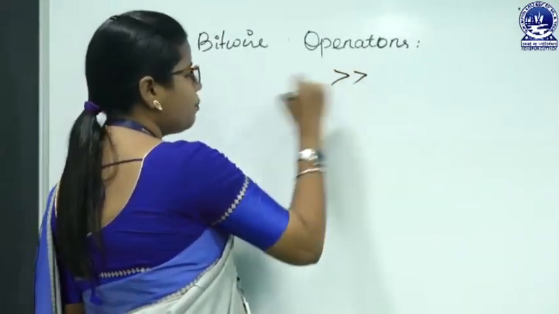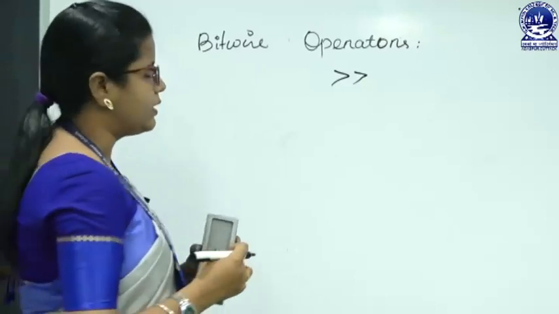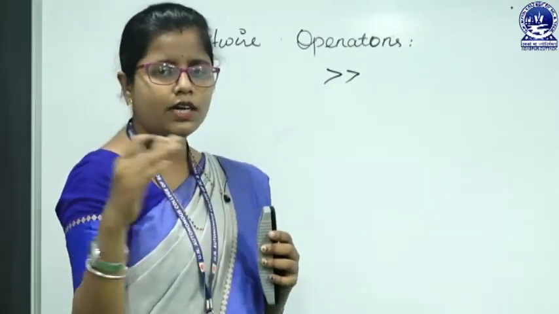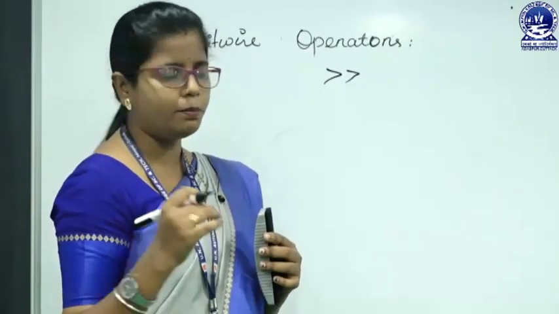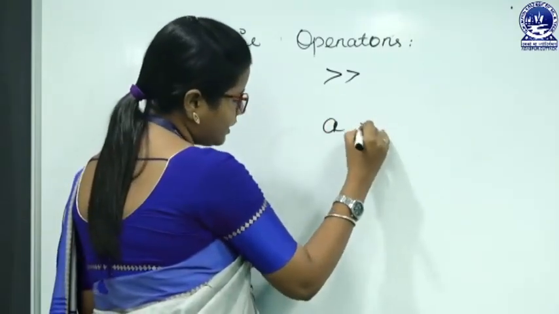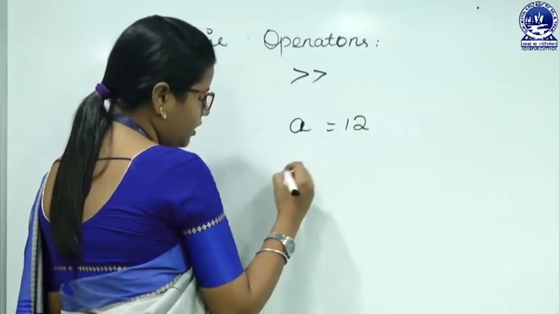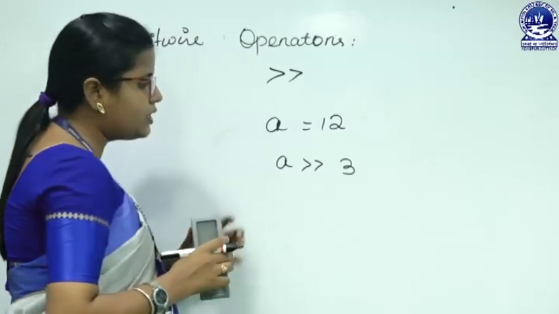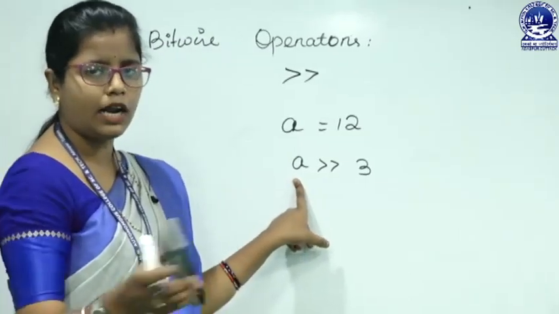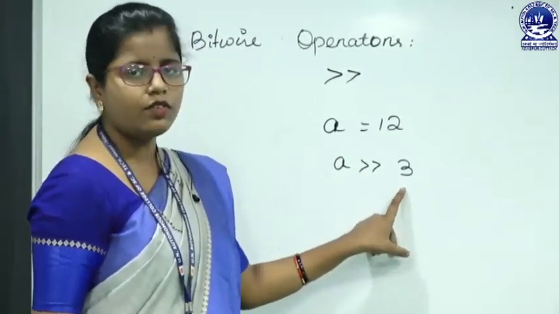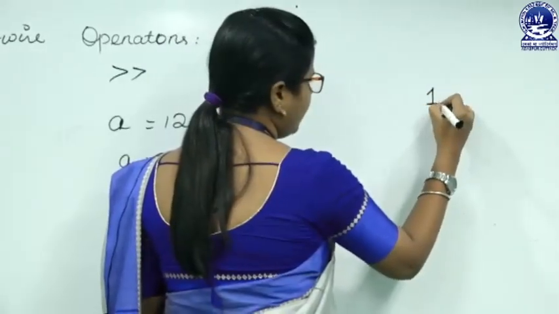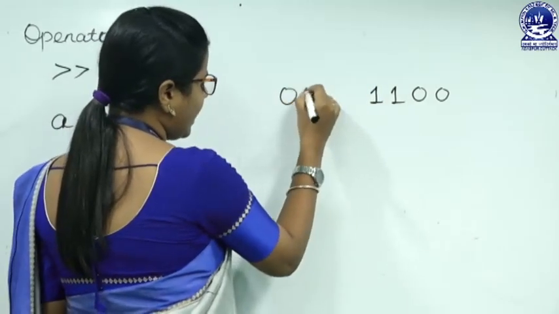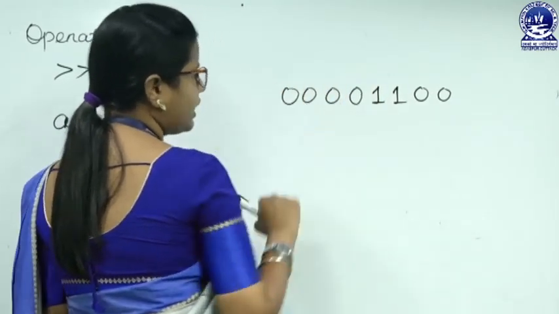So next is the bitwise right shift operator. In this case, we are shifting the number towards the right by some specified bits. Suppose A equals 12 and we want to right shift this by 3 bits. That means 12 will get shifted to the right by 3 bits. Then what will be the result? 12 means 1100. Suppose I am using 8-bit notation.